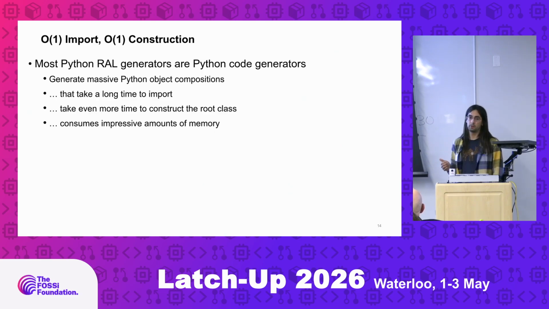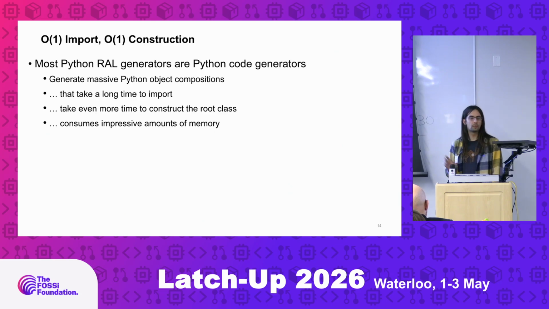Most RAL generators out there that I've encountered in Python are code generators. They will take a massive design and transcribe that into a massive Python file or a collection of massive Python files. They take forever to do the import. When you call the constructor, it sits there, chews up some memory, and allocates a bunch of stuff in memory. And it's just not nice to use sometimes.